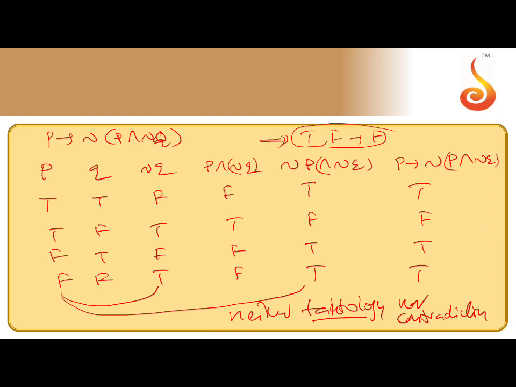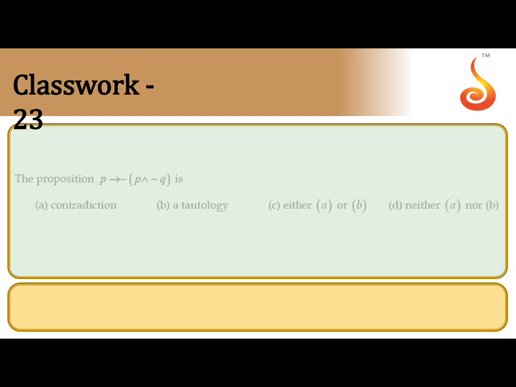Prepare the table based on the truth value of the last column. You can say that it is tautology or contradiction or neither tautology nor contradiction. So I hope everyone understands. This is most important. So option D is correct. Check it. D is the correct answer.